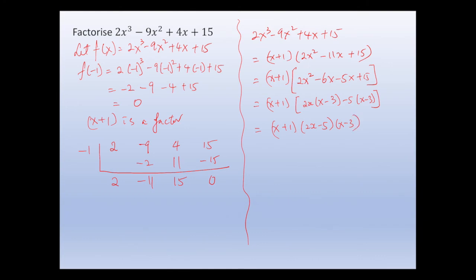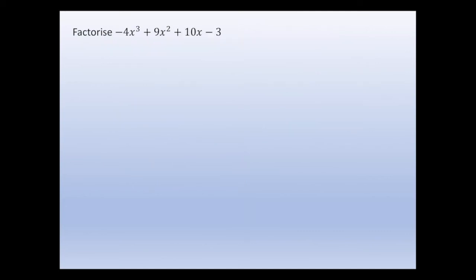So therefore, this factorizes into 2x minus 5 and x minus 3. x plus 1 times 2x minus 5 times x minus 3. Alright, this is how you do it.